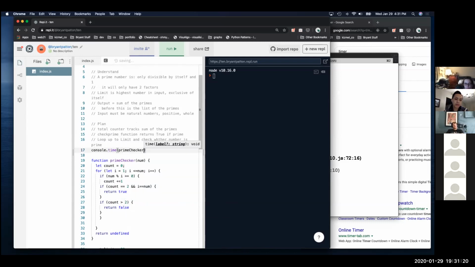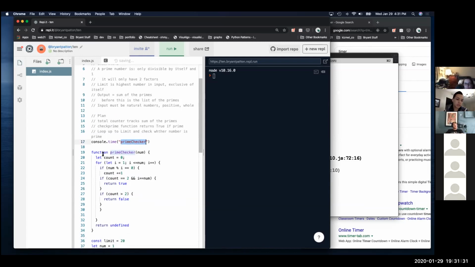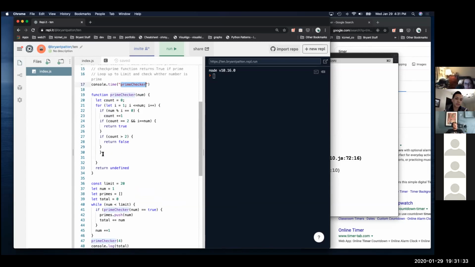It's just got to be in string format though, I believe. And then below, like line 35, maybe put console.timeEnd. And I think End is capitalized. And you just pass in the same string.